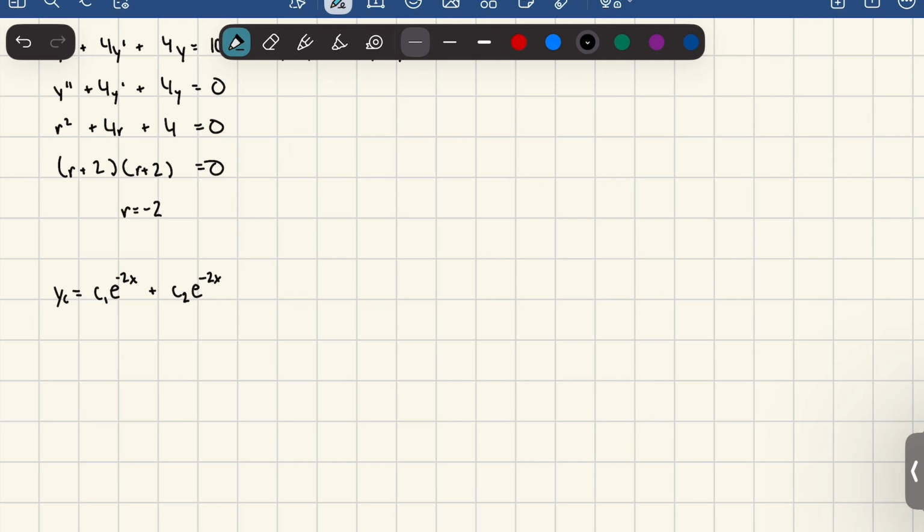I'm just looking at the problem. So the right hand side is like 10e to the -2x, and e to the -2x already appears in yc.